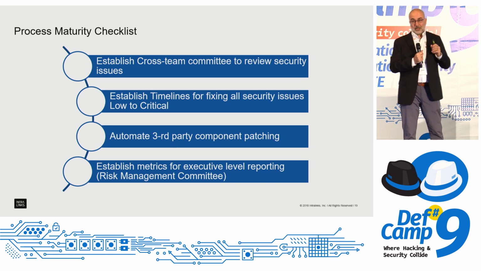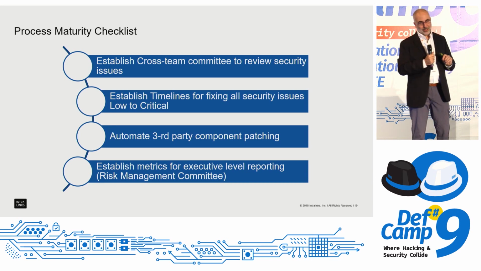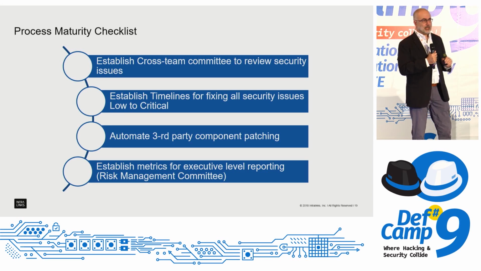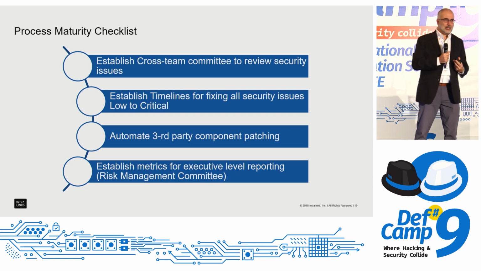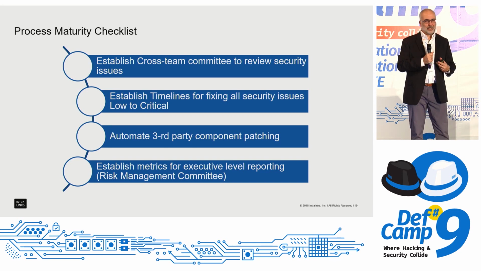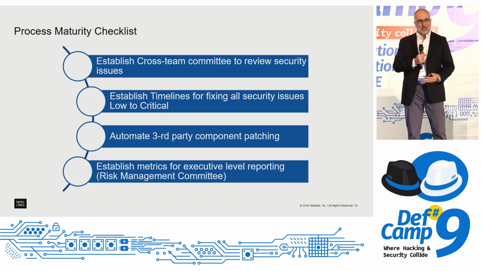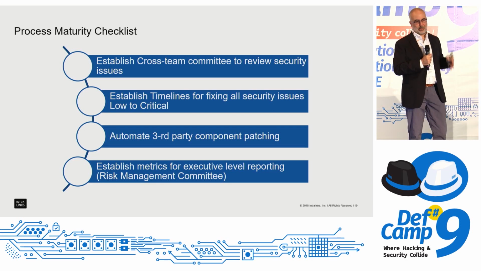It's very important to establish a timeline to fix all security issues, not only criticals. And there's a very good reason for that. Number one is, especially in the financial industry, the way people consume your services is not as straightforward as a business user buying it and using it. They have to go through your internal risk committee approvals.